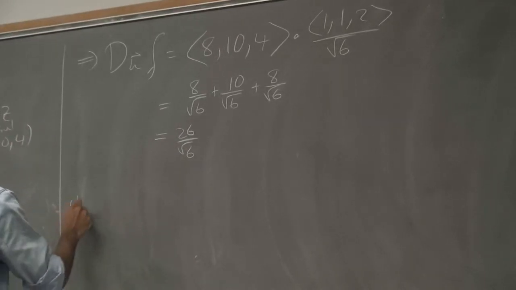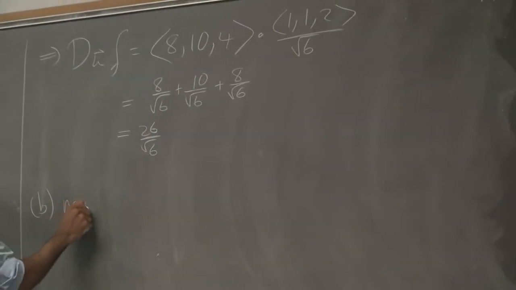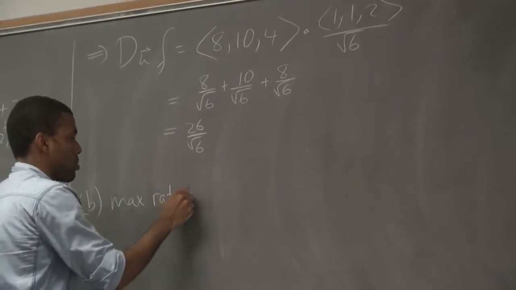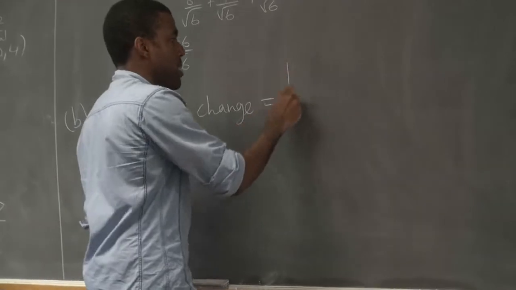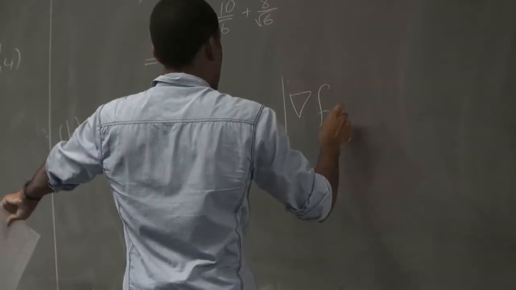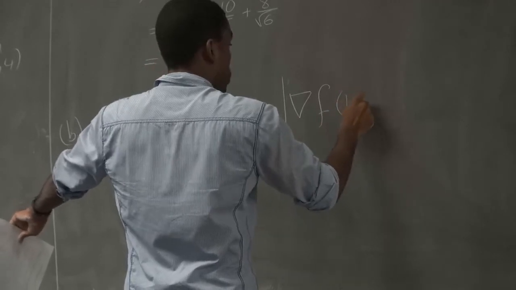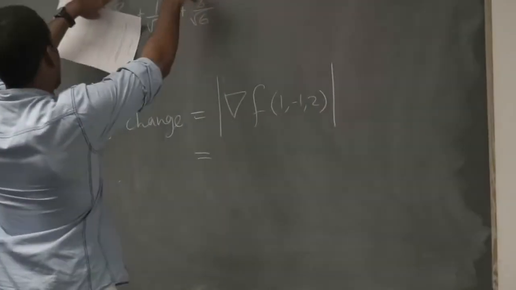That was part A. What's the maximum rate of change? The square root of delta, the magnitude of the gradient. It's given by the magnitude of the gradient at the point, right? So this is the gradient at 1, minus 1, 2, which we actually found here.